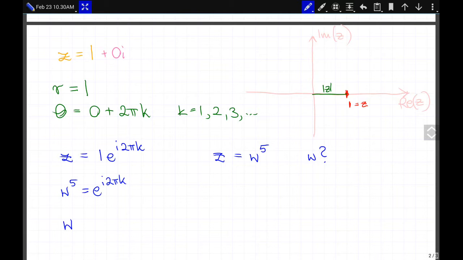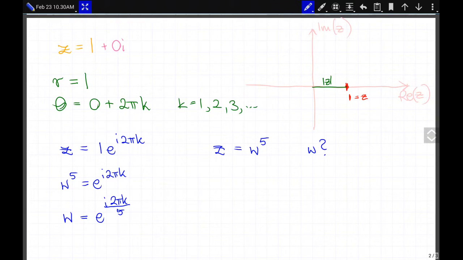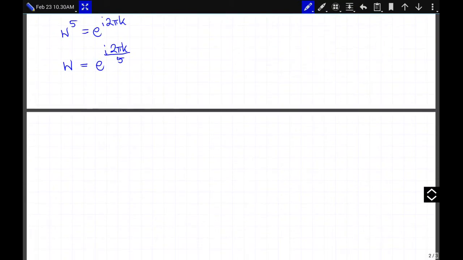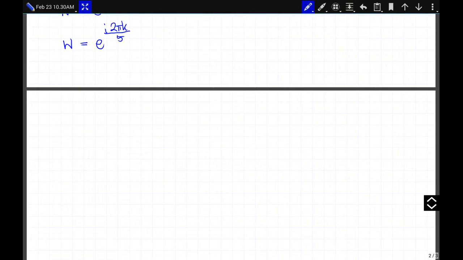Therefore w will be e to the i times 2 pi k divided by our n, which is 5 in this case. And now we need to look for our complex roots. So we're going to scroll down, and we'll write w again. w is e to the i 2 pi k over 5.